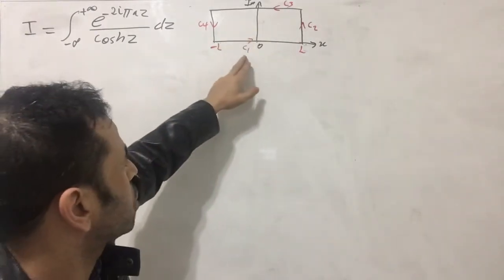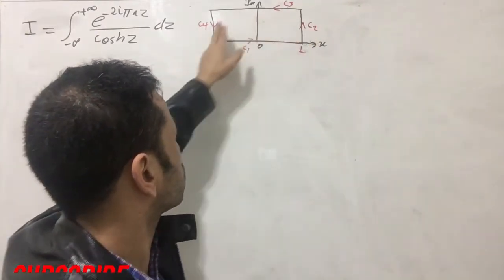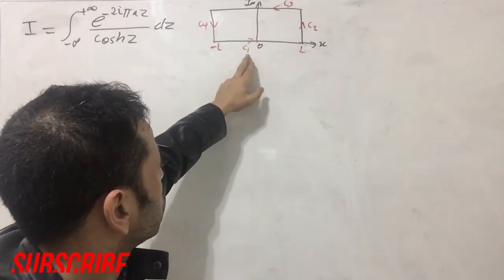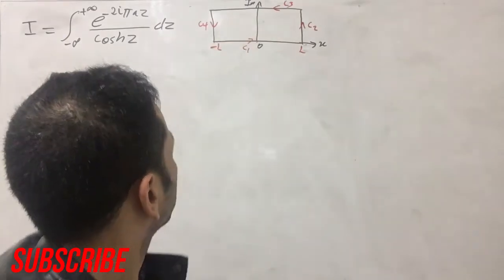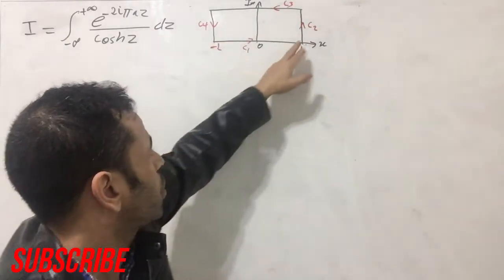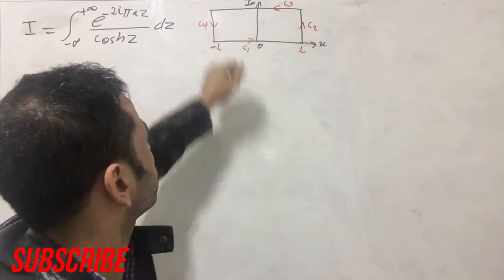This integral is taken over this closed contour. We have contour C1, C2, C3, and C4.